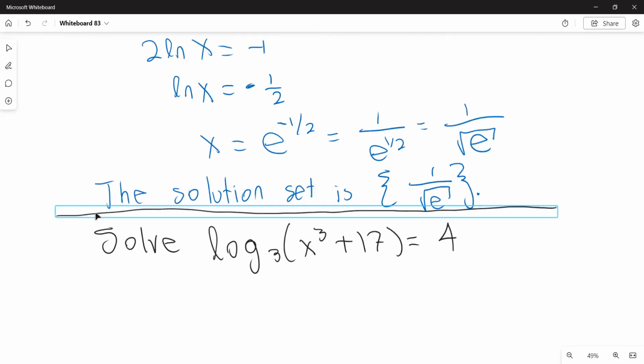So for that one, all we do is use the definition of the logarithm, or write the logarithmic equation in exponential form. So logarithm with base 3 of x cubed plus 17 is equivalent to 3 raised to the 4th power equal to x cubed plus 17.